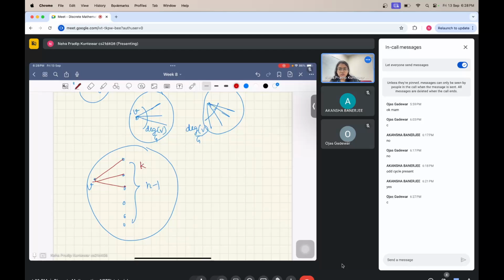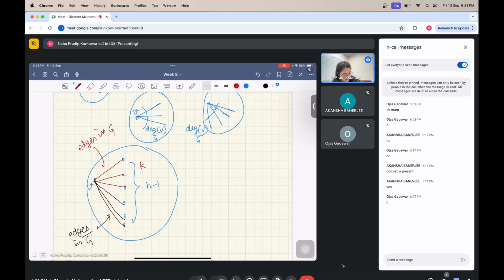Then, maybe I'll just write here. Then in the complementary graph, G will only have these black edges, because whatever is red is not going to be in the graph, and whatever is not there is going to be in the complementary graph. So black edges are the ones in G complement, and red ones are the edges in G. So if you sum them up, you will exactly get n minus 1.